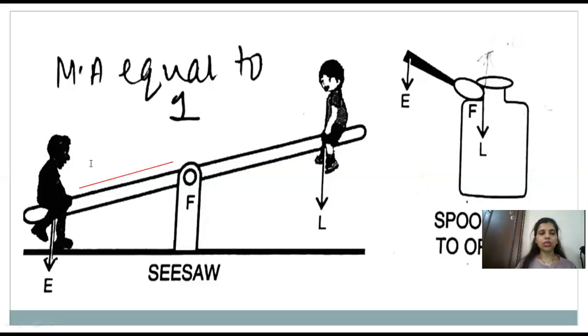So here this is the effort arm, EA, and from the fulcrum till the position of the load is going to be acting like the load arm. So here is the load arm.